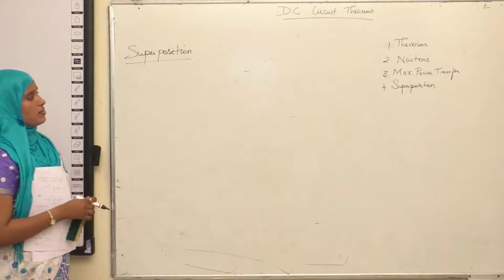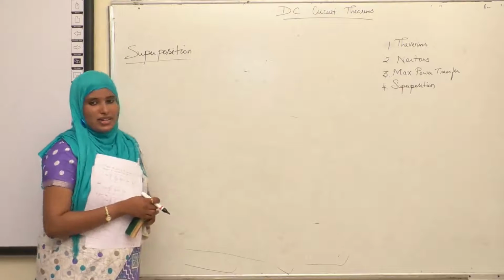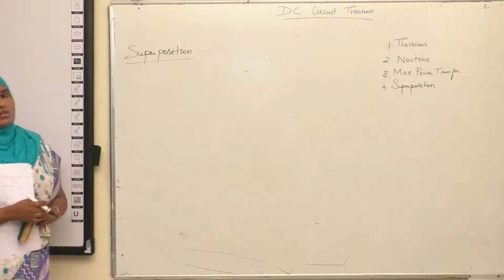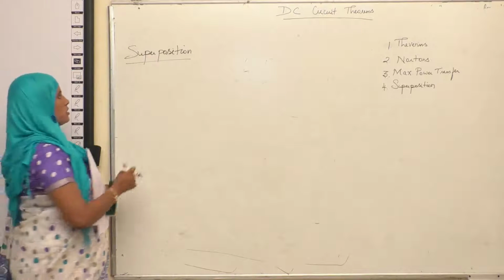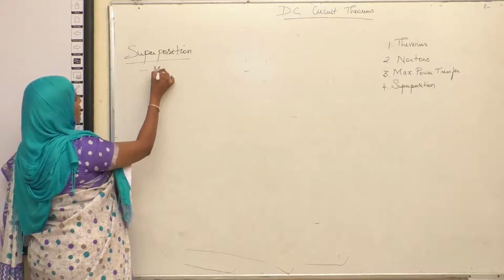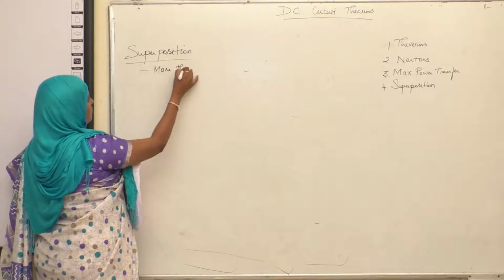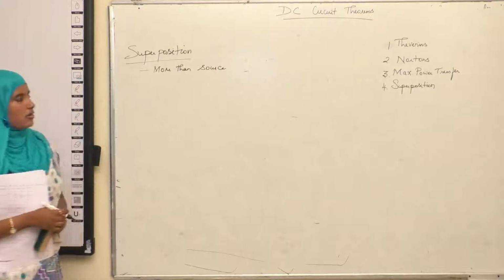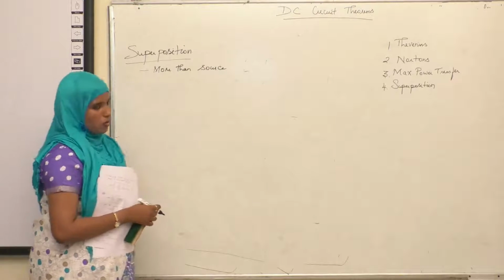In those theorems, it doesn't matter whether you have one source or two sources. Whereas superposition can be applied to circuits which consist of more than one source. It could be either a voltage source or a current source, it doesn't matter. But it should have more than one source.